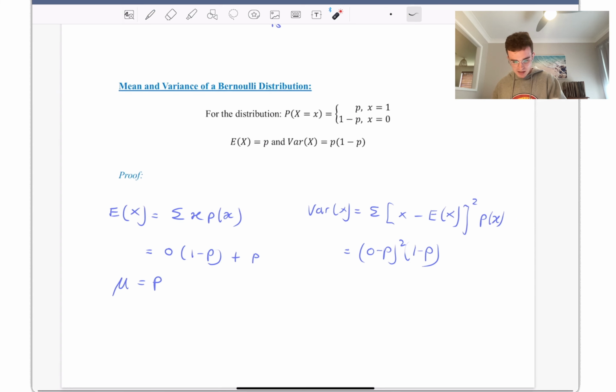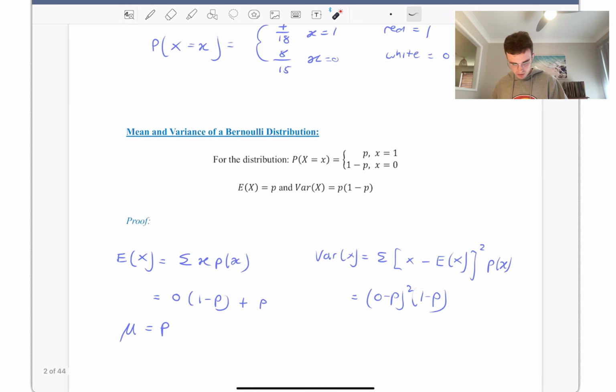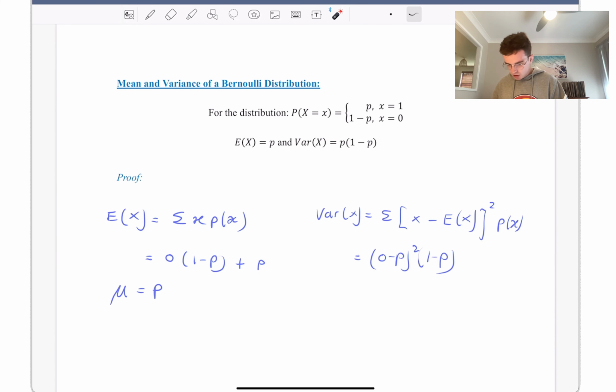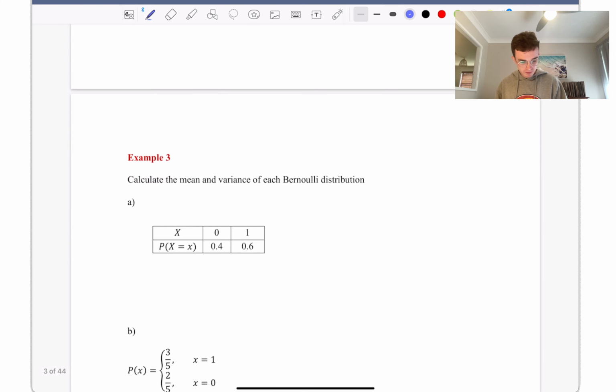So we've gone x is 0, and we're minusing p, times 1 minus p. And then we're adding 1 minus p, squared, times p. And if you simplify that, you get p(1 minus p) if you expanded all of that. So therefore, that is the variance of a Bernoulli distribution. And that's our symbol for variance, standard deviation squared.